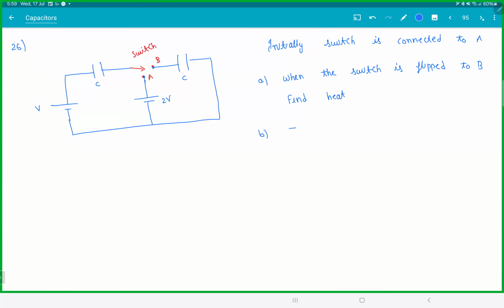Then again it is flipped back to A. Then find the heat.